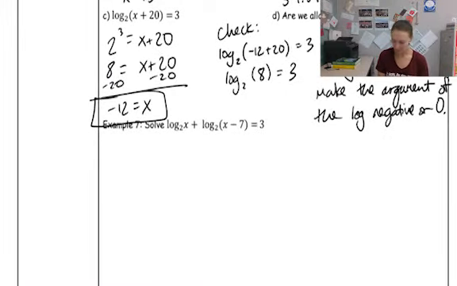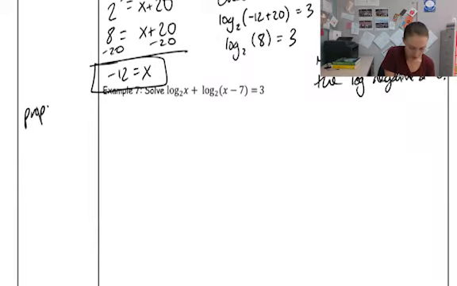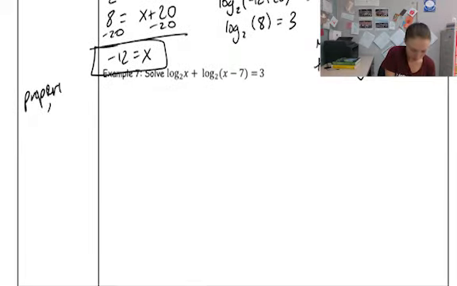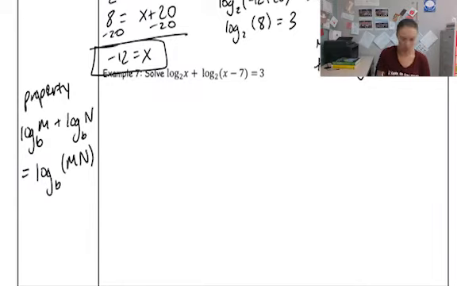All right, example 7. We have 2 logs being added. So remember, we have a property that we learned that says the log base b of m plus the log base b of n equals the log base b of m times n. So we can combine them into one log, which we definitely need to do before changing to exponential form.